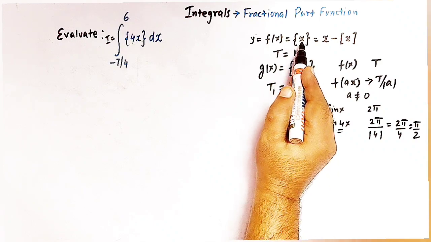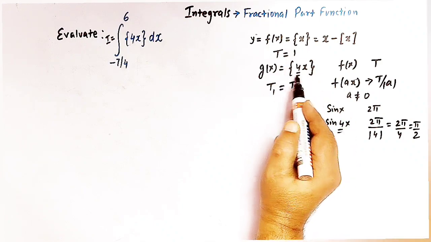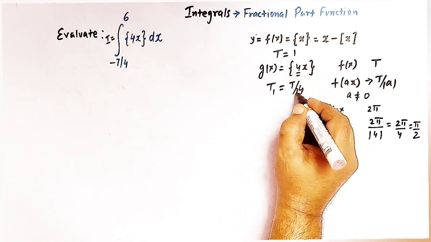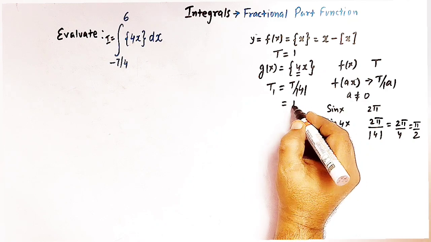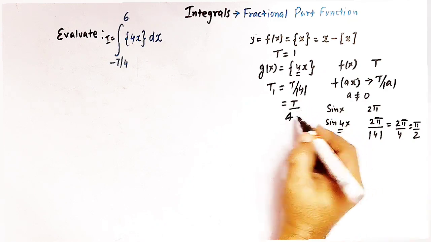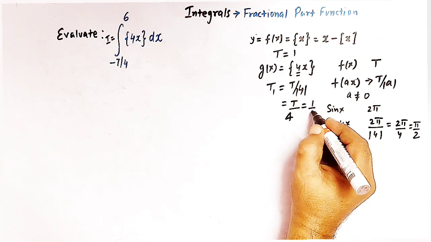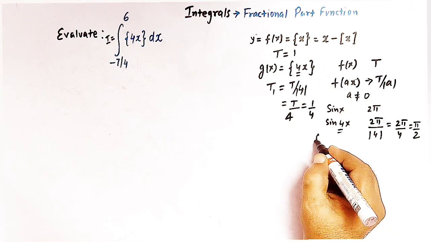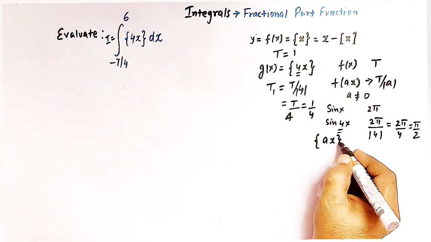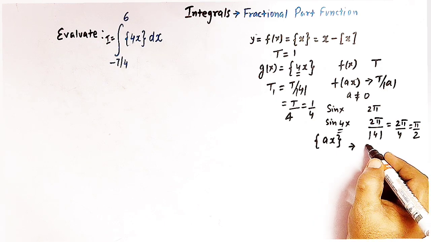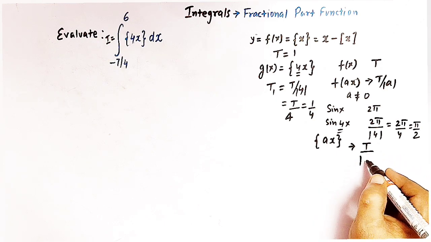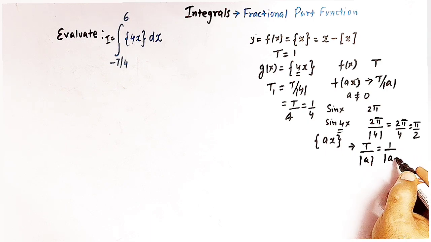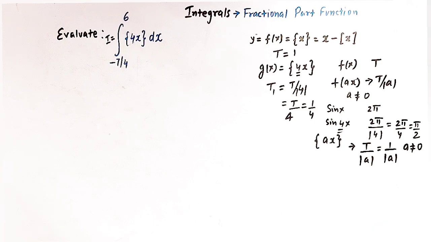The period of the fractional part of x is 1, and the period of the fractional part of 4x is given by 1 divided by the absolute value of 4, that is T over 4, and T is 1, so the period of g of x is 1 over 4. In general, the period of the fractional part of ax is given by T divided by mod of a, and T is 1, so we have 1 over mod of a, where a is not equal to 0.